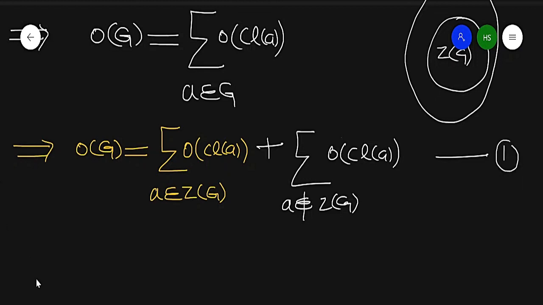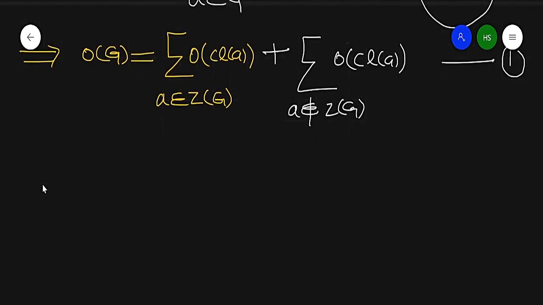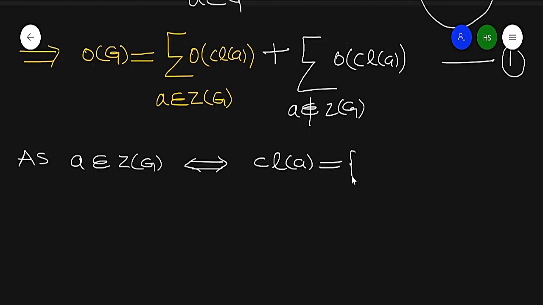Now we proved that A belongs to center of G if and only if class of A consists of only one element, that is, the element A itself. So if A belongs to center of G, then class of A consists of this element.